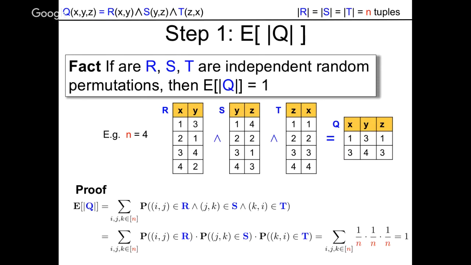So we use independence. We can multiply these probabilities. Each of these individual probabilities is 1 by n, and therefore we get n cubed times 1 by n cubed, which is 1. So this is the bar. This is what the algorithm needs to return. It needs to return an expectation of 1 triangle.